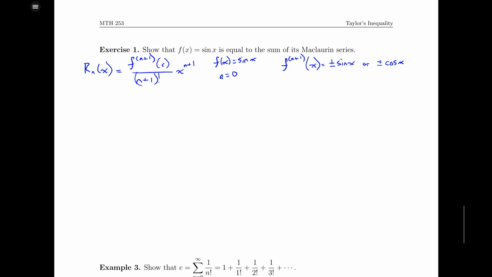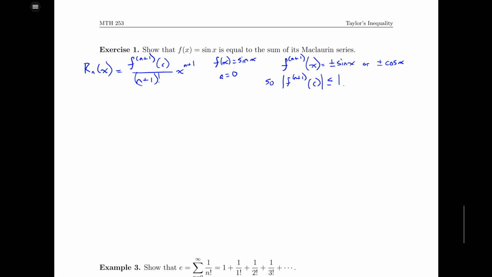The big thing to notice here is that we're trying to find this upper bound, this greatest possible value that the n plus first derivative could possibly be. Sine and cosine are never larger than 1, never smaller than -1, so the absolute value of the n plus first derivative for any value of c is never any bigger than 1.